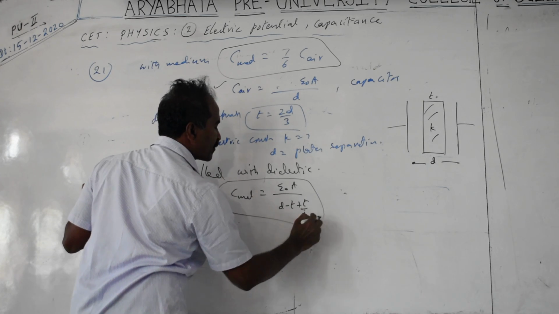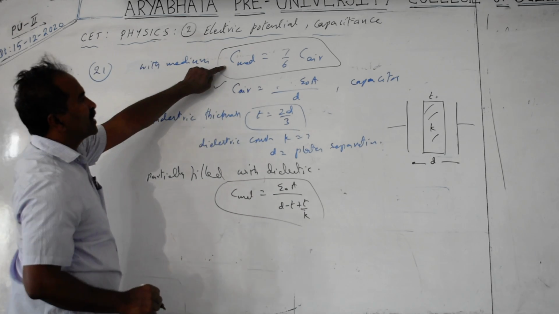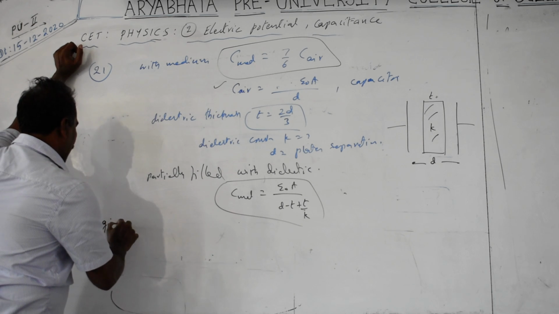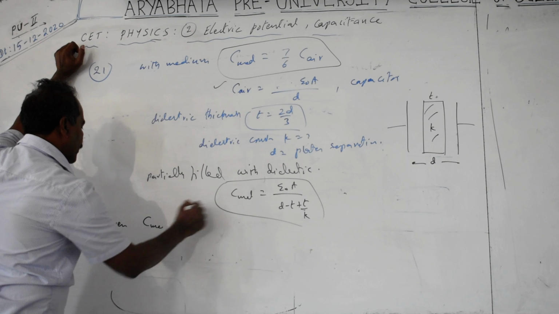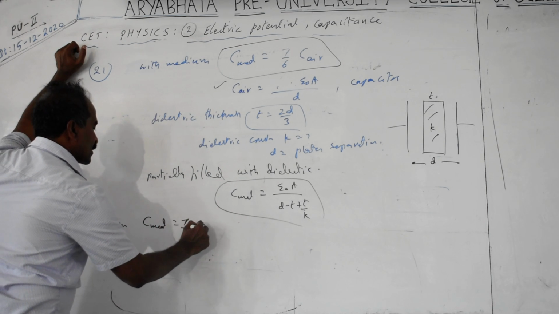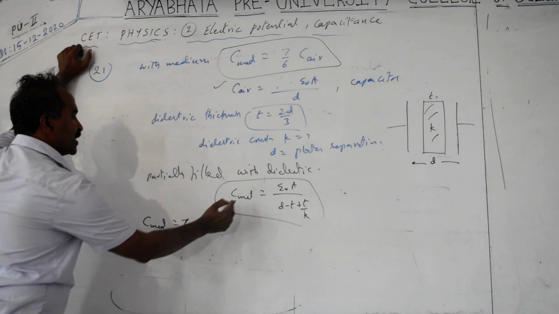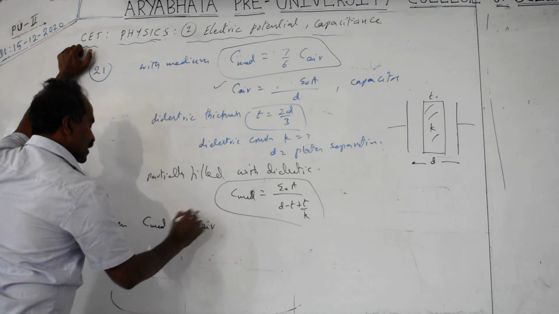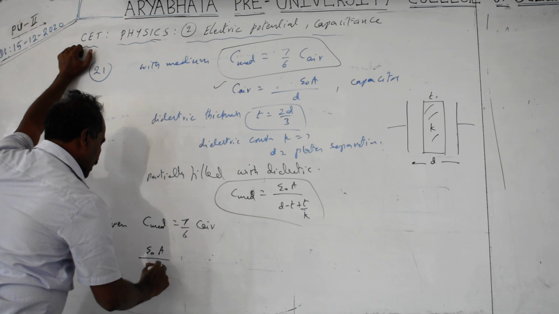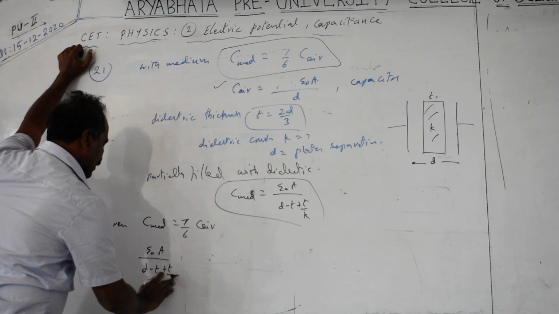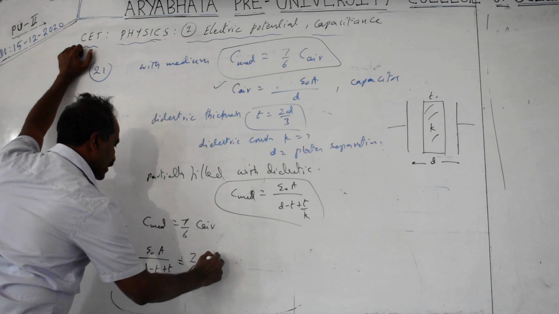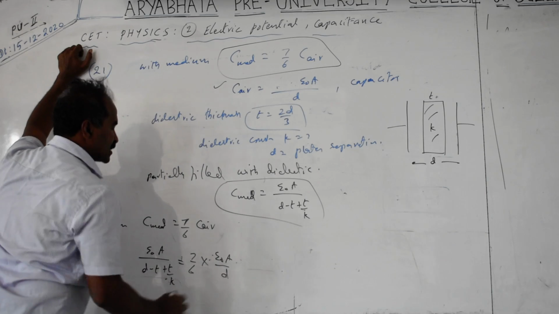But the given is C medium equals 7 by 6 times C air. So epsilon naught A by D minus T plus T by K is equal to 7 by 6 into epsilon naught A by D.